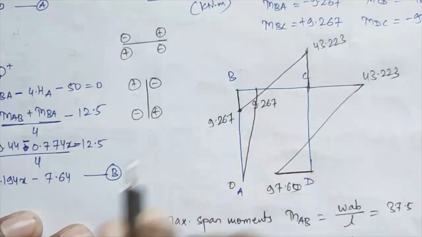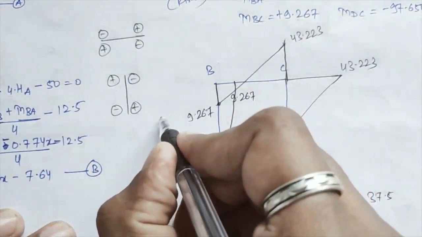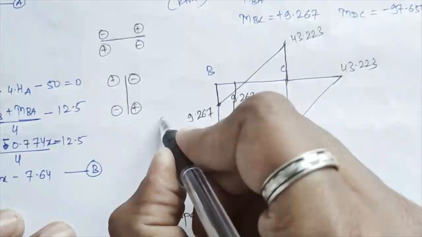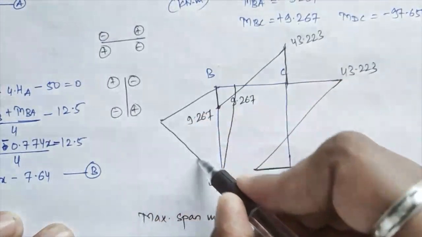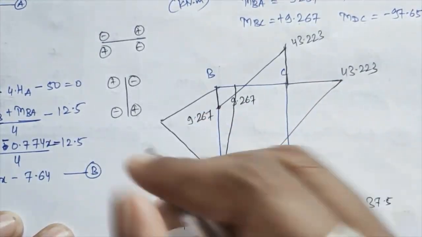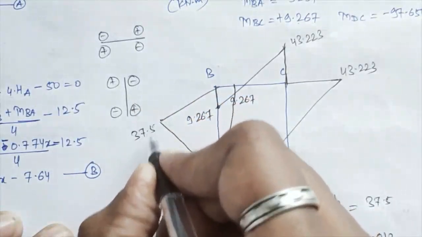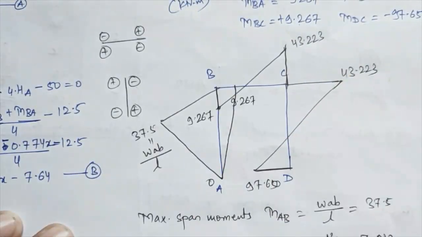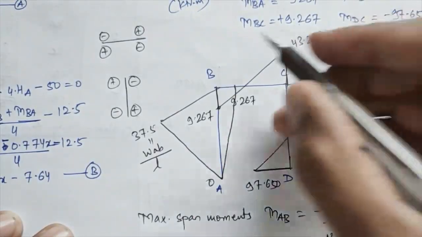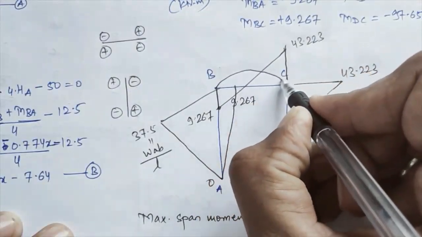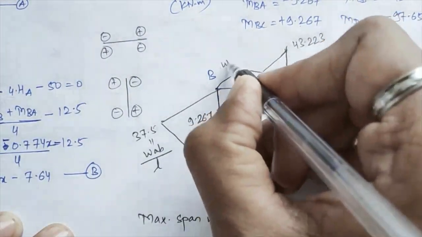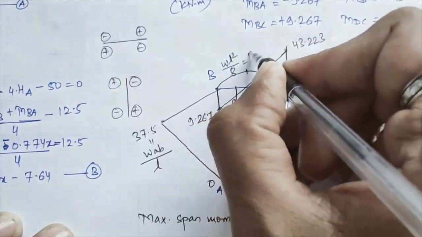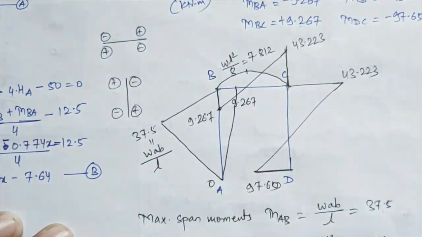Now in this, at the point of point load, this comes 37.5 somewhere here. 37.5, this is equal to WAB divided by L, and here this will follow parabolic path, 7.812, that is WL square by 8 is equal to 7.812.